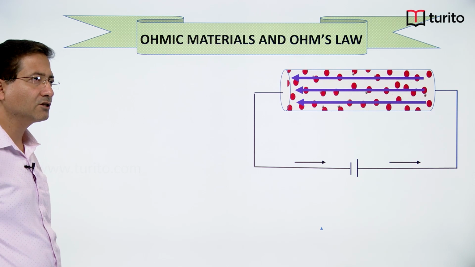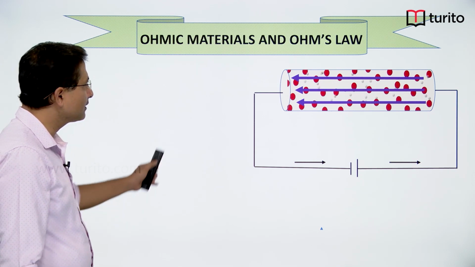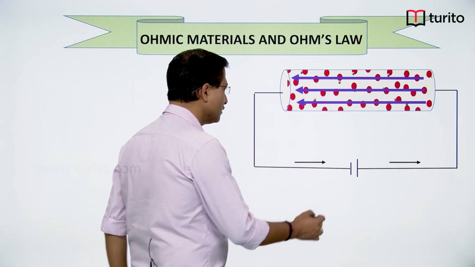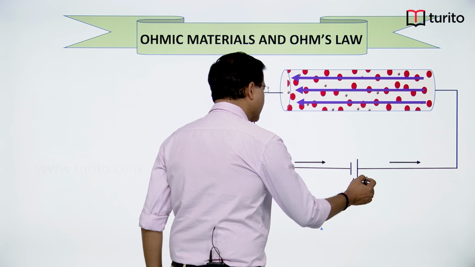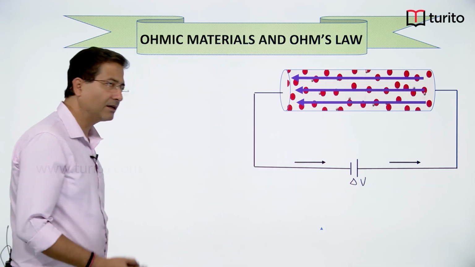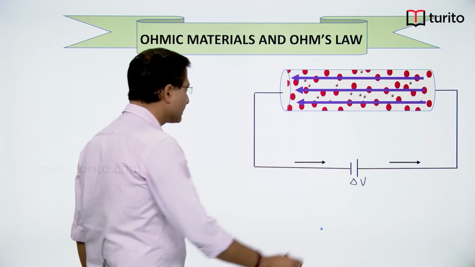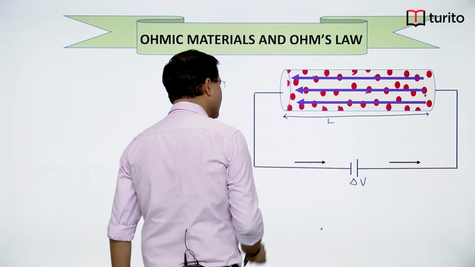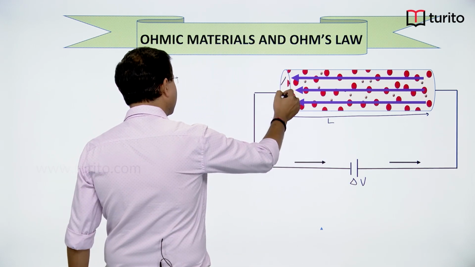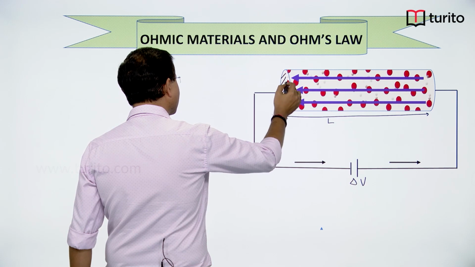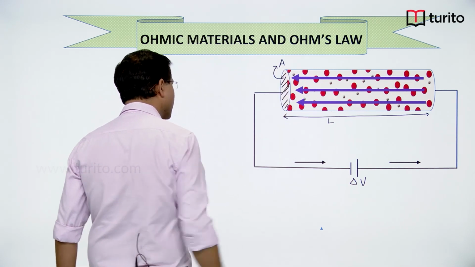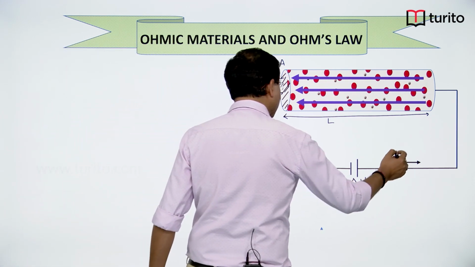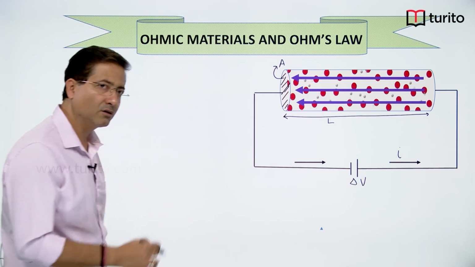So, using J is equal to sigma E, I can derive Ohm's law. So, when I connect a potential difference delta V across two ends of a wire of length L and area of cross section A, then due to this potential difference a current I flows through the conductor.